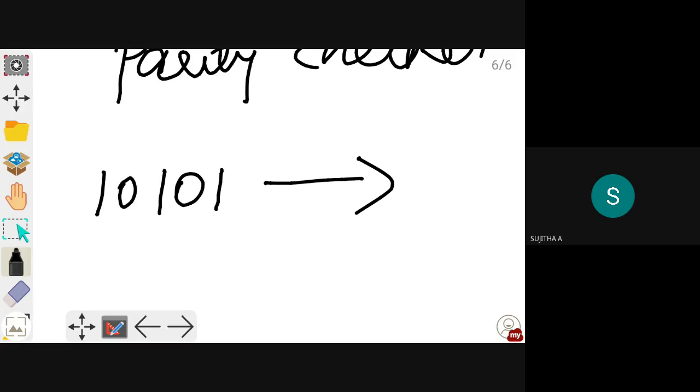You are transmitting 10101 to a longer distance for any communication. For longer transmission, there may be some error, that is, there may be a change in some bit, and you may get 11101 at the receiving end. So you need to check whether the received one is a correct one or not.